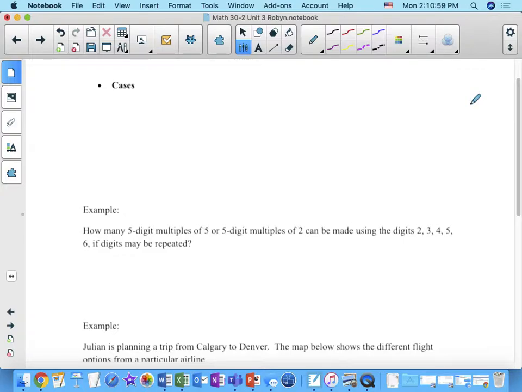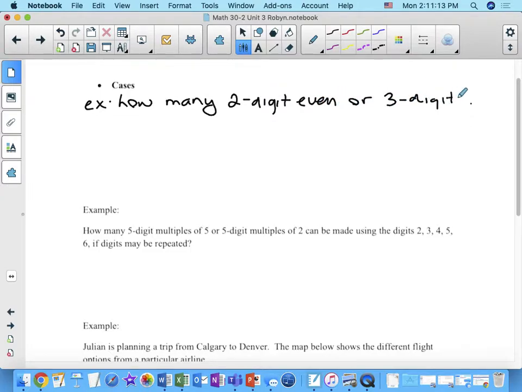Okay, so for example, how many 2-digit even or 3-digit odd numbers can you make? Okay, now there's one word that sort of gives it away, that this is a scenario where we have cases.